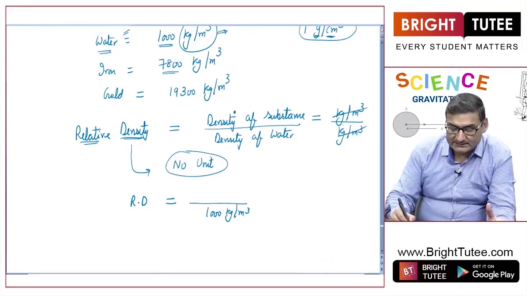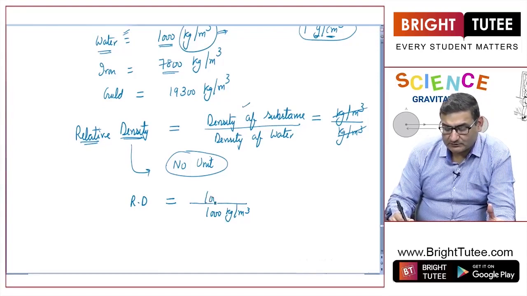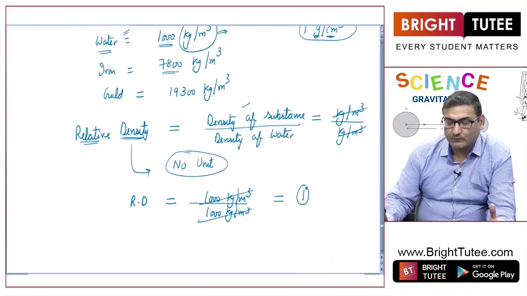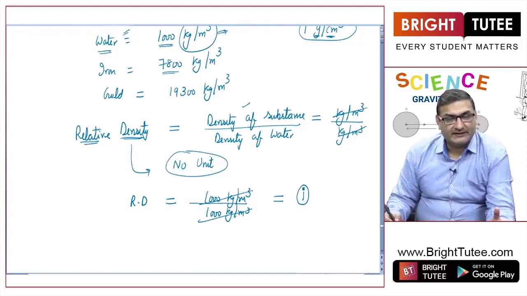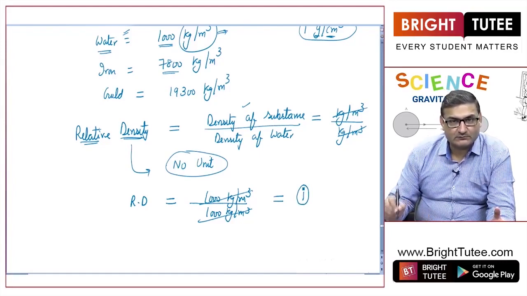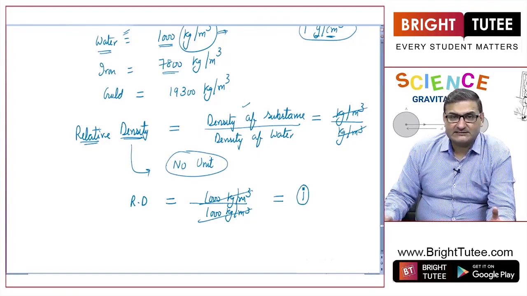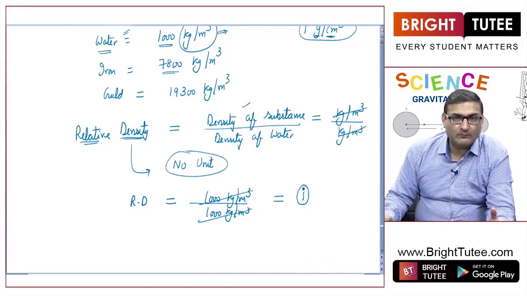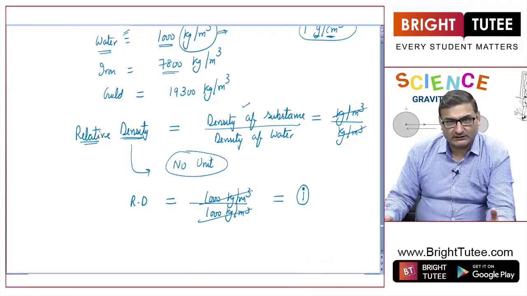If the density of that substance is also 1000 kilogram per meter cube, then the relative density of that substance is 1. So whenever the relative density is 1, the substance has equal density as that of water.